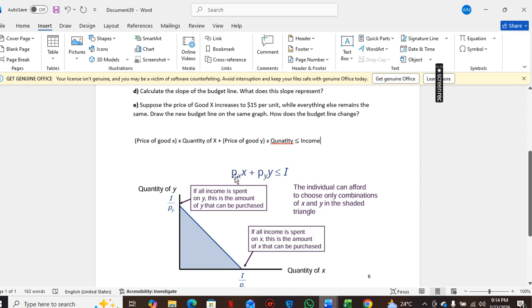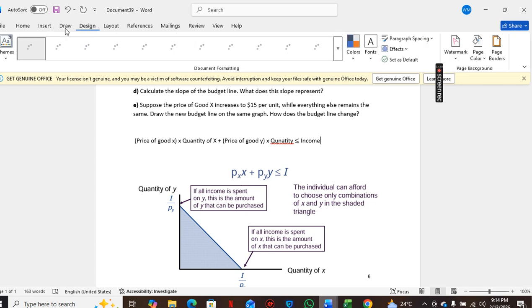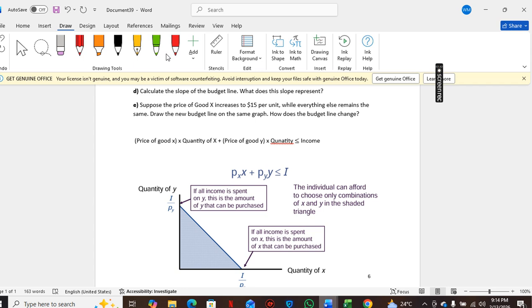Colleagues, this PxX plus PyY: Px is the price of good X, then this X here is the quantity.